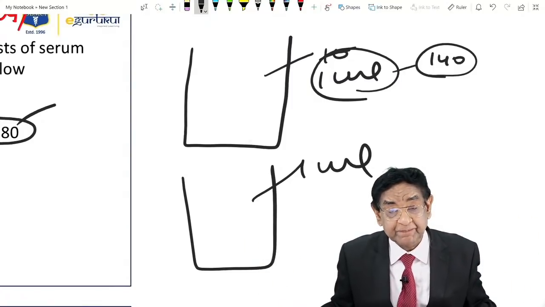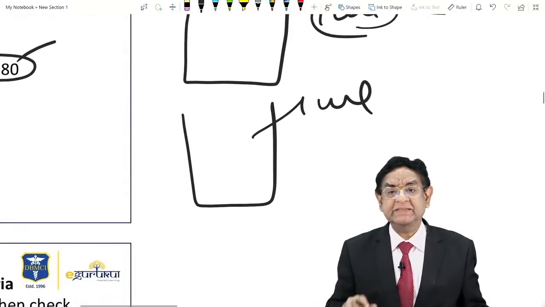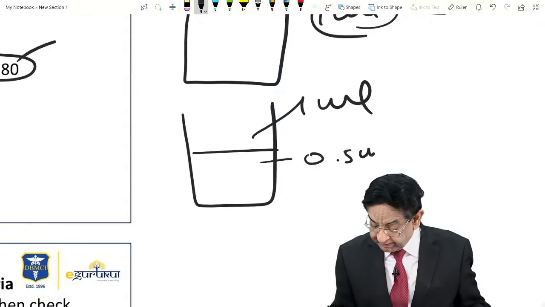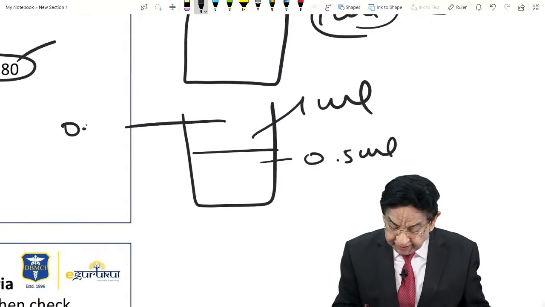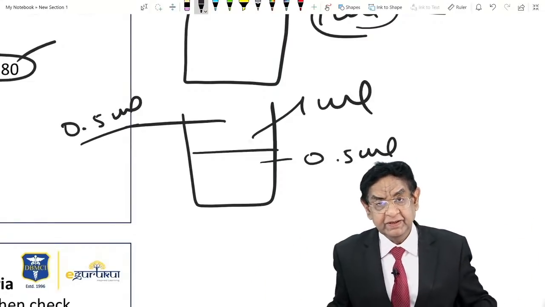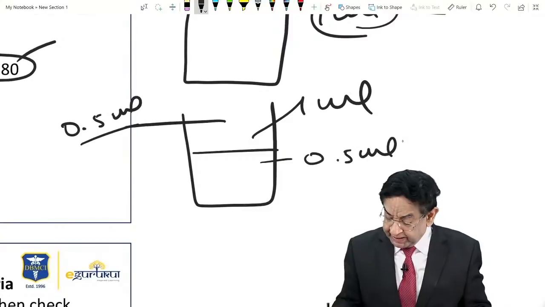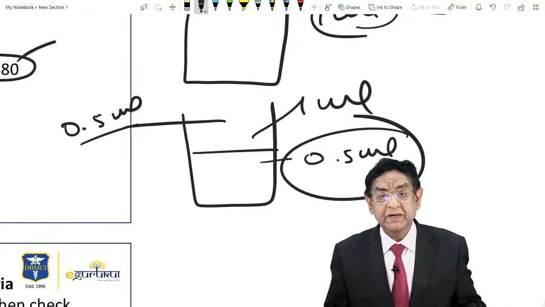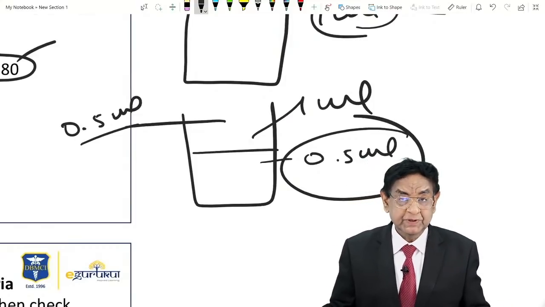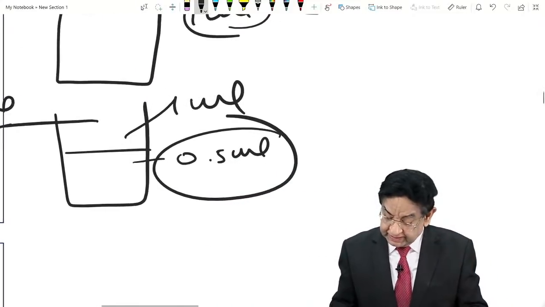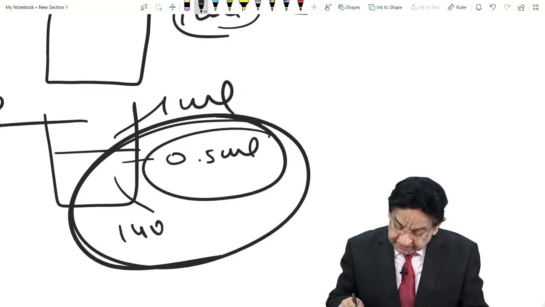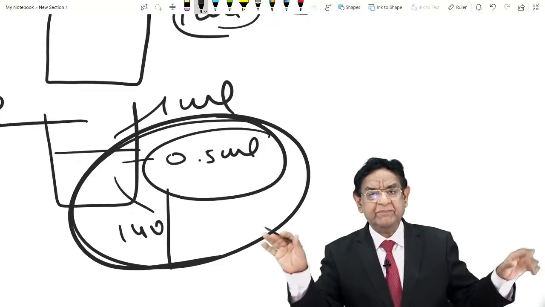Hyperlipidemia is there. Blood is 0.5 ml, the lipid is 0.5 ml. Actual blood is 0.5 ml, but it has been mixed with 0.5 ml of lipid also. So its sodium, if I go by blood, is 140 milliequivalent per liter.